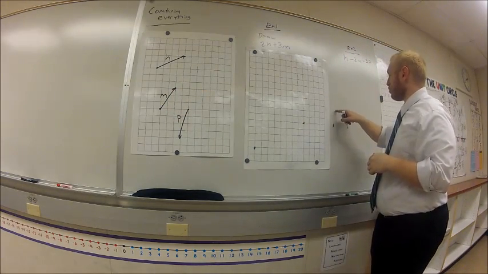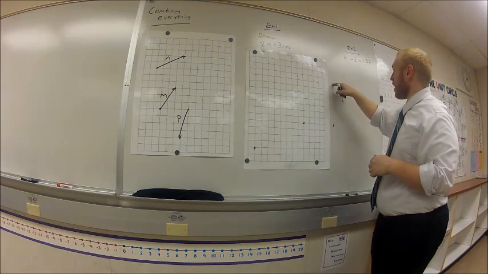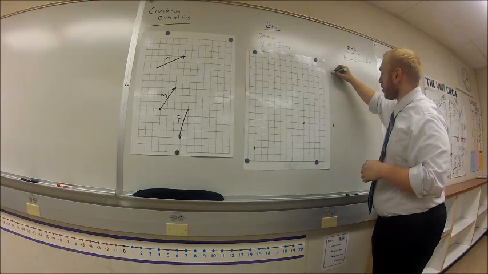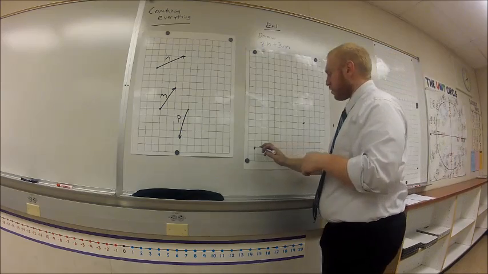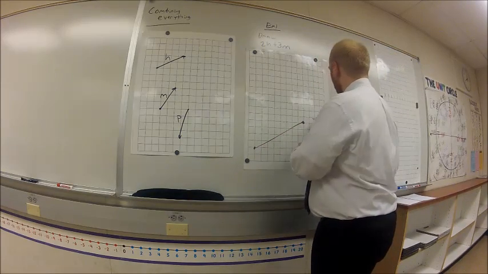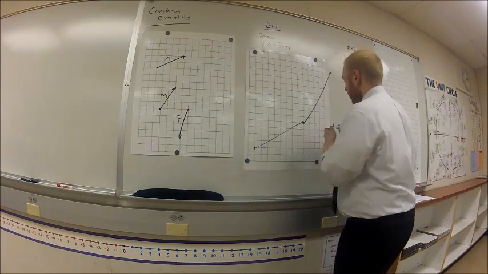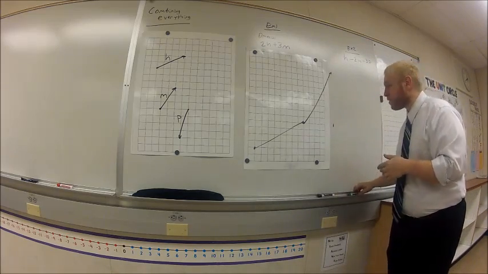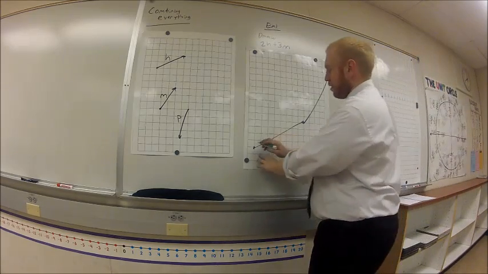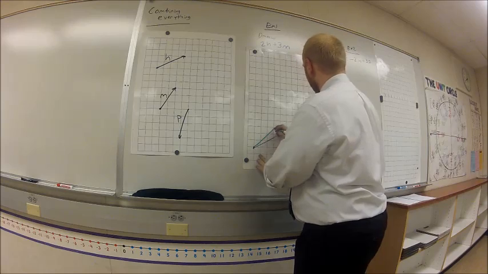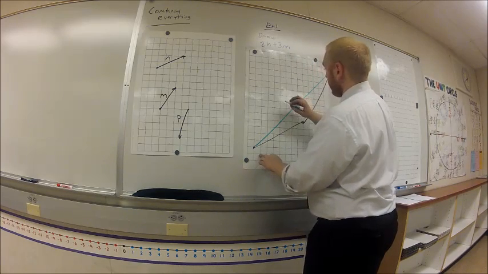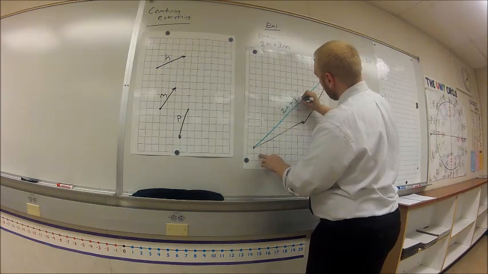So up 1, 2, 3, 4, 5, 6, 7, 8, 9. Right there. And then remember, connect the starting point to the ending point. Start from here. Opposite there. This guy is 2h plus 3m.